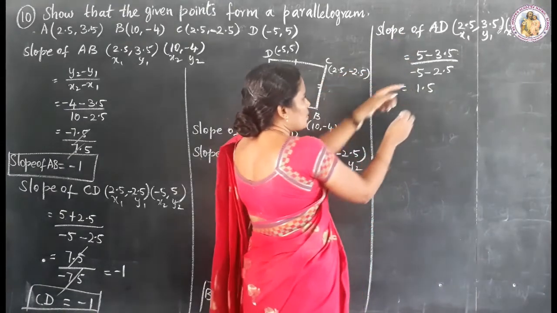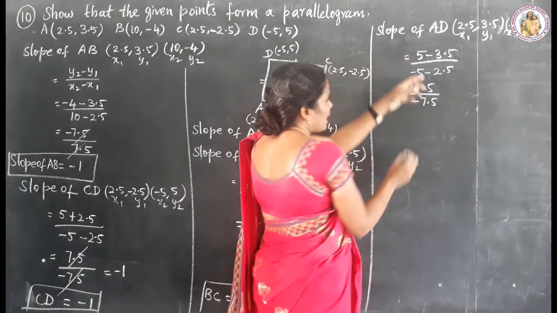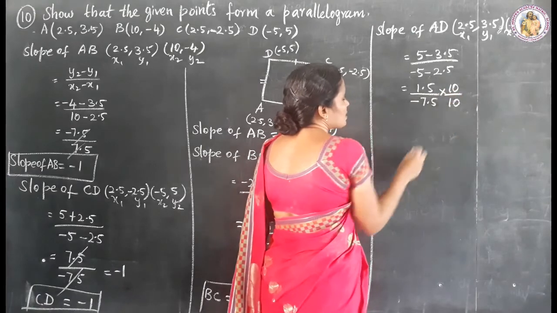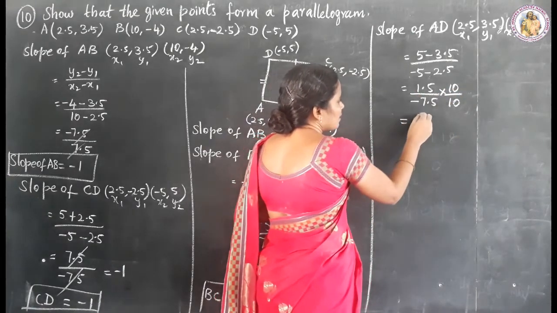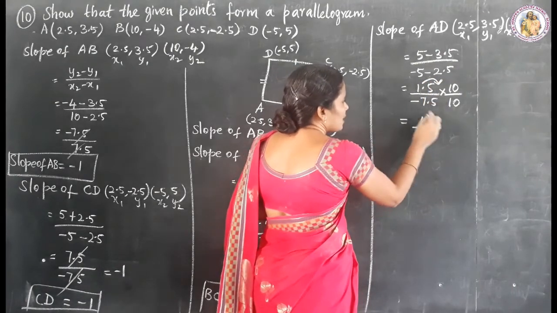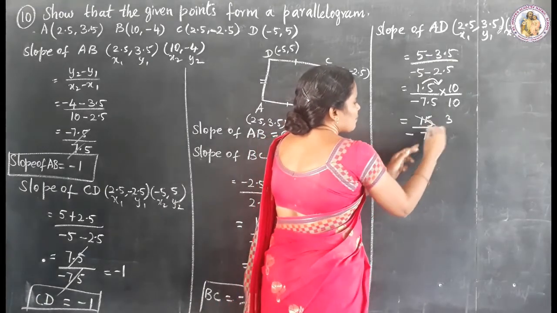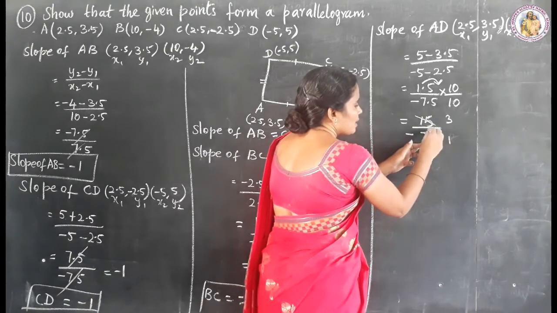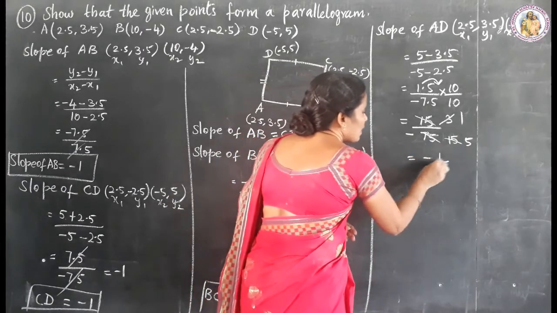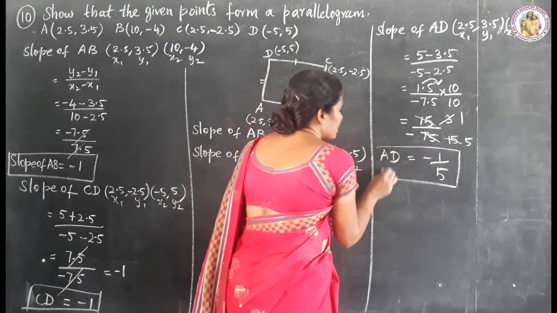Since 5 is greater, it is plus 1.5, and same sign, so minus 7.5. Again we have one decimal place, so multiply both numerator and denominator by 10, so it is 15 over 75. 5 threes are 15, 5 fifteens are 75, which is equal to minus 1 by 5. Slope of AD is equal to minus 1 by 5.